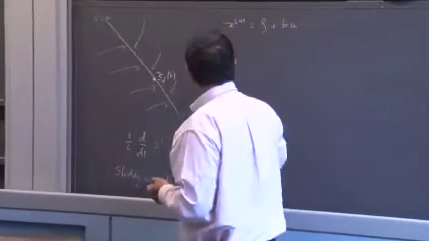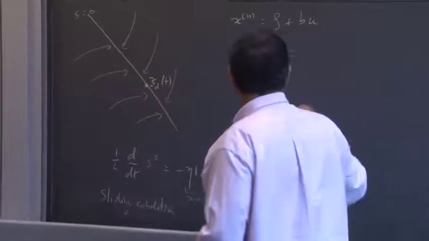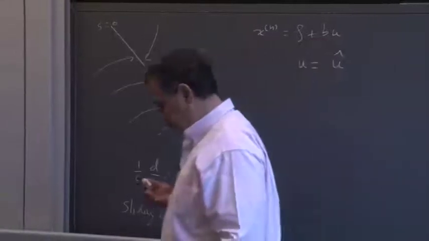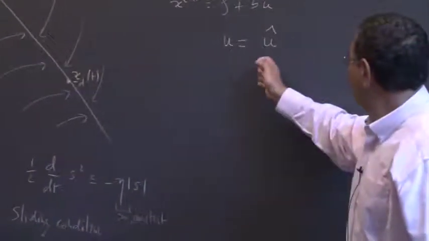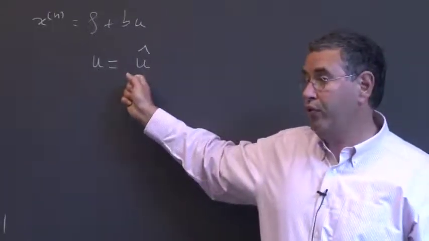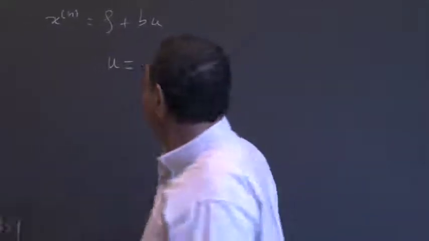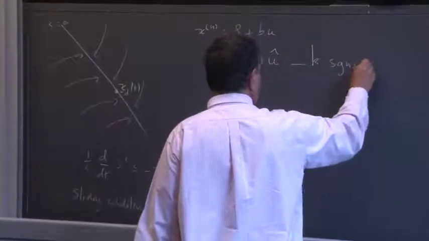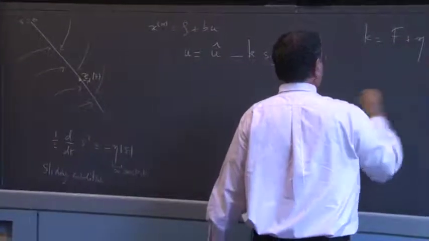And we saw that to achieve this, we showed it in the case b equal 1, but it would be the same in general, one could use a control law composed of two terms. One was a term which would make s dot equal 0 if we knew everything, keeping s constant. And then a term, k sign of s, which for the case b equal 1 was capital F plus eta.